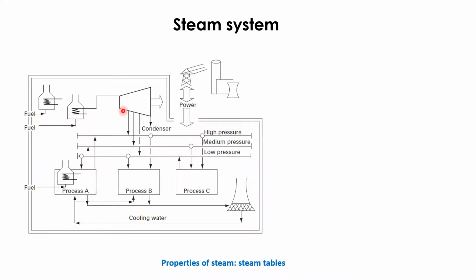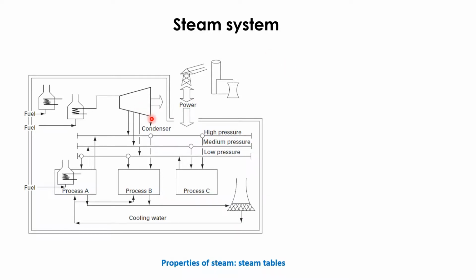It can first be used in this steam generator. One of the easiest ways to generate electricity is by using a steam generator here, and we can generate power. By generating power, we have electricity to run the system, to provide the electrical power for the pumps, the sensors and other things. The power can also be sold to other plants or to the public.